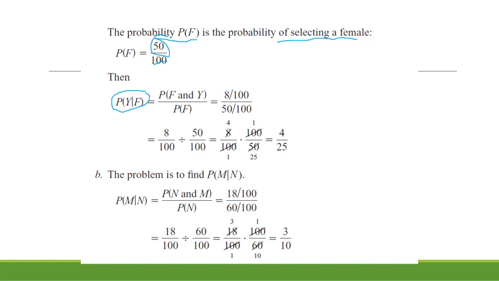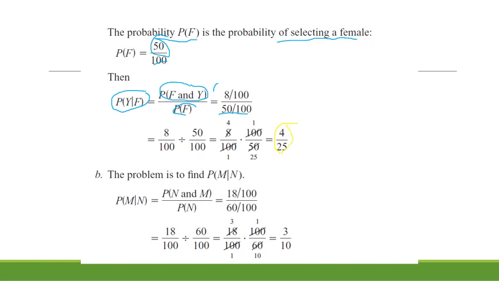Since we know that the probability of getting a female and at the same time answering yes is 8 over 100, and also the probability of having a female in the table is 50 over 100. Okay, so the answer now is 4 over 25. So this is the conditional probability in the answer.